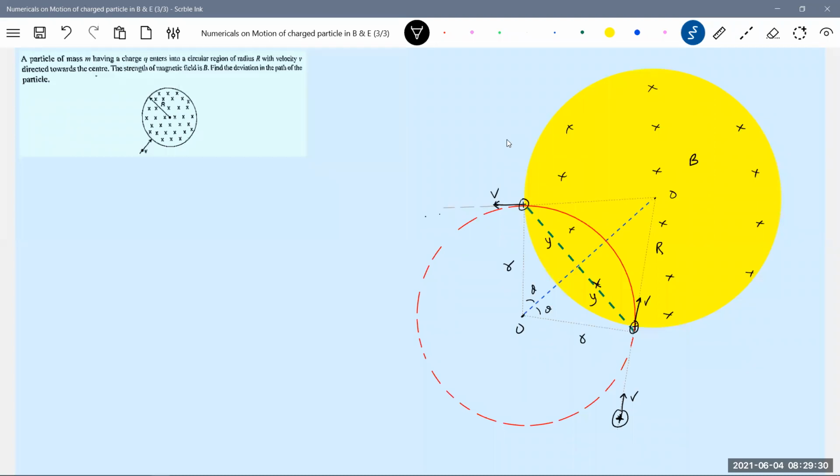Can we define all the quantities? Sin theta, I'll define as Y by R. So if this is theta, this will be theta, and this distance is r.